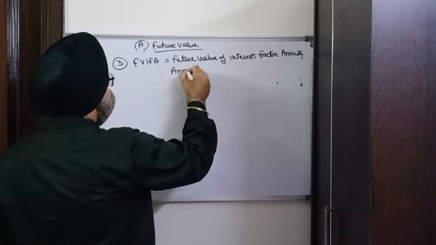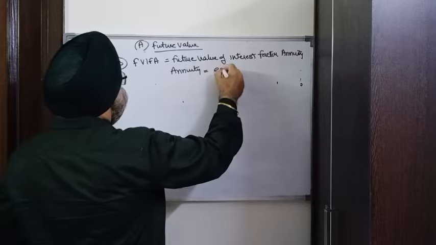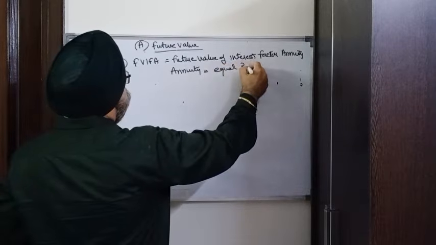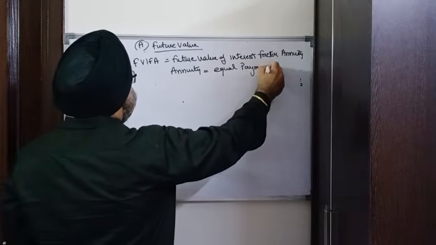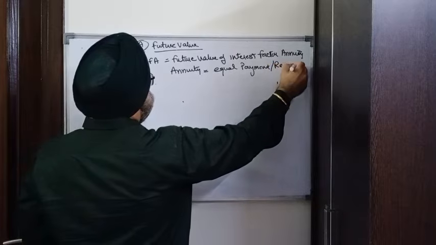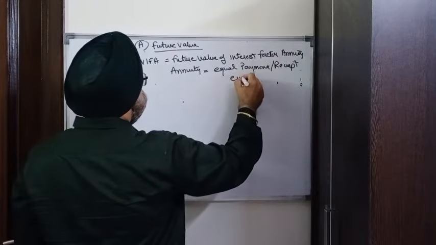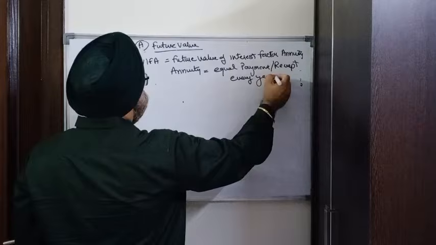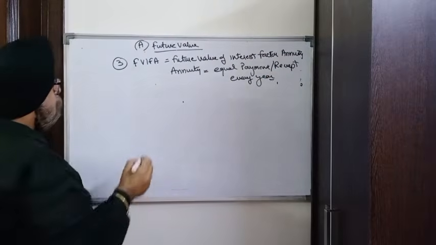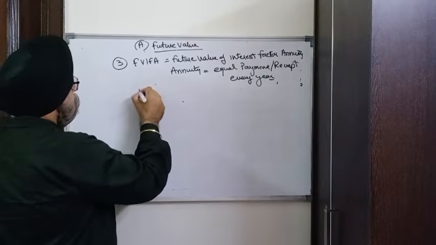Annuity means equal payment or receipt every year. The formula will change.